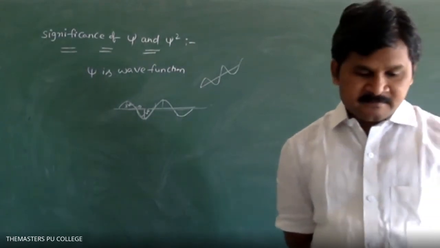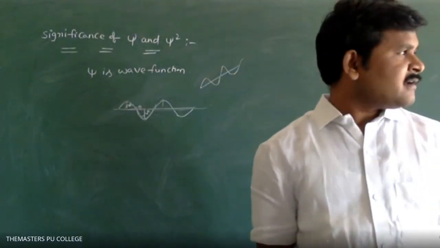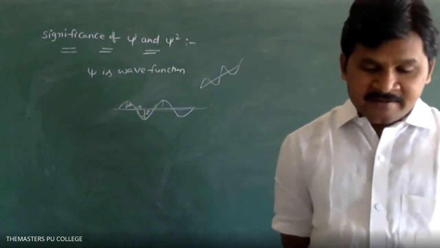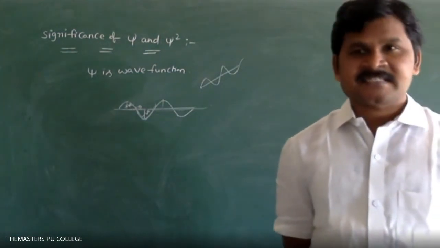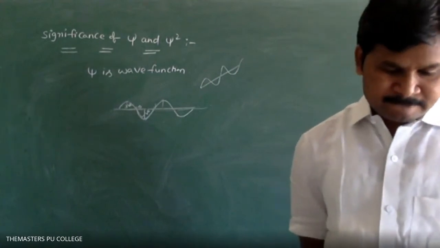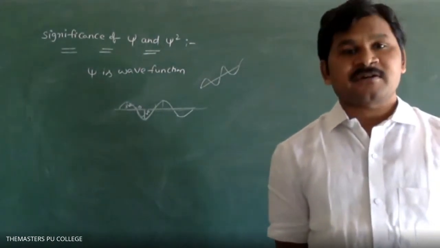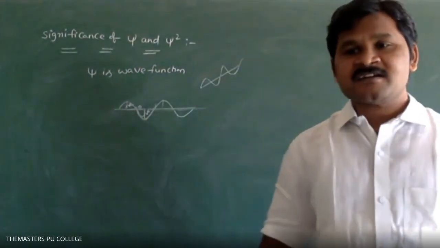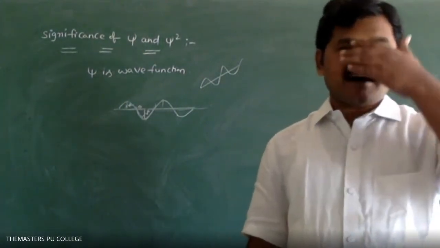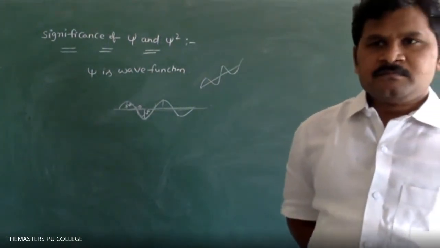I repeat: psi square indicates the measure of probability of finding an electron at a point in space around the nucleus. Its values are always positive. This is an important point. Please underline this point. Its values are always positive.